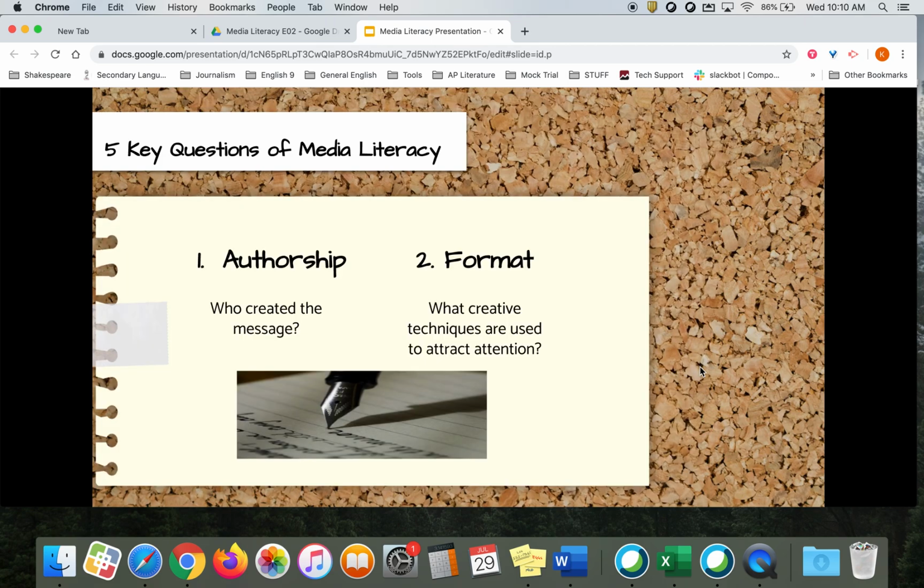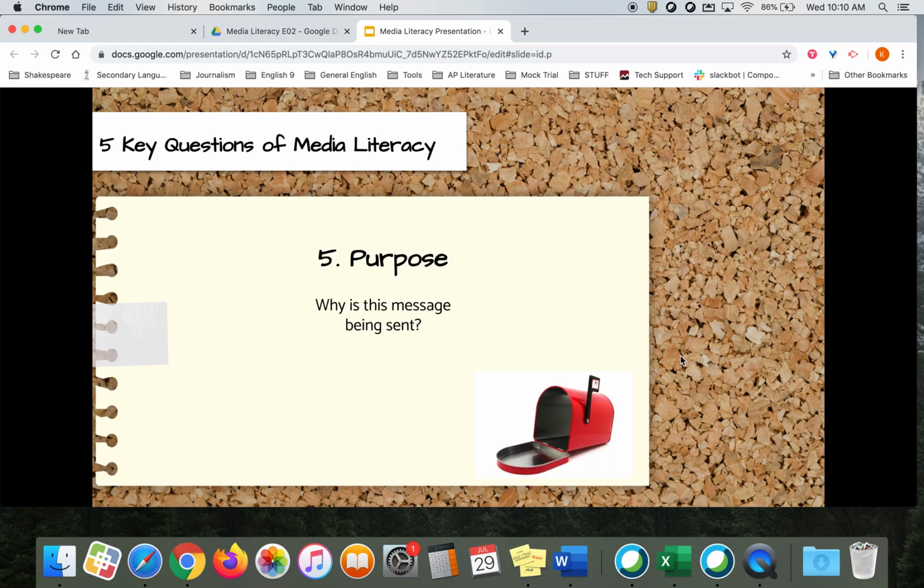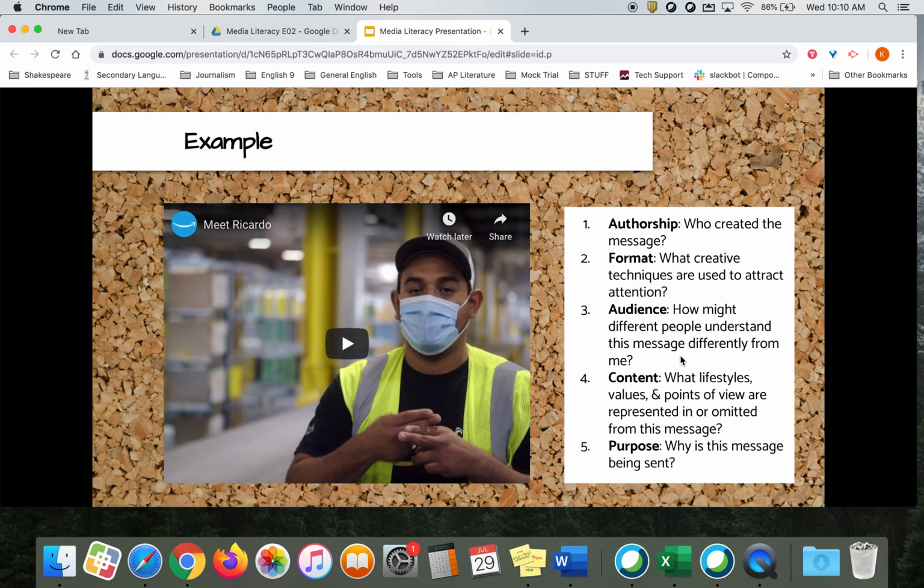So we start with the 5 questions, of course, and go over those together. And then I thought that we would look at this Amazon ad together. This ad caught my attention a number of times because it is a gentleman who is using sign language, and I thought that that was very interesting, and I questioned the choice that Amazon uses here.